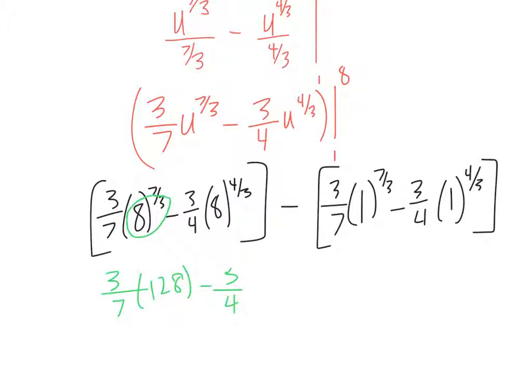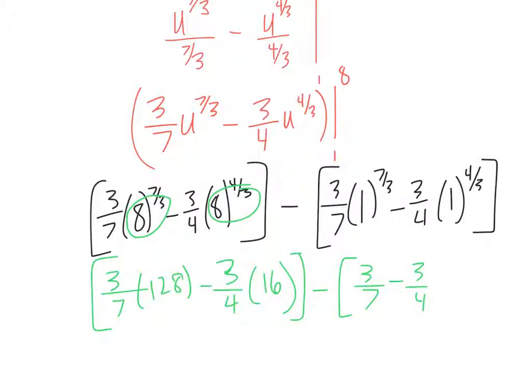So again, the cube root of 8 is 2, and then 2 to the 4th is 16. And then over here, 1 to any power is still going to be 1, so I'm just going to end up with 3/7 minus 3/4.